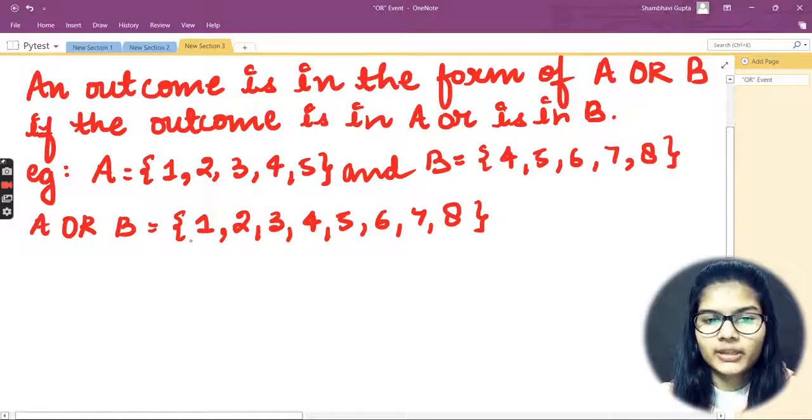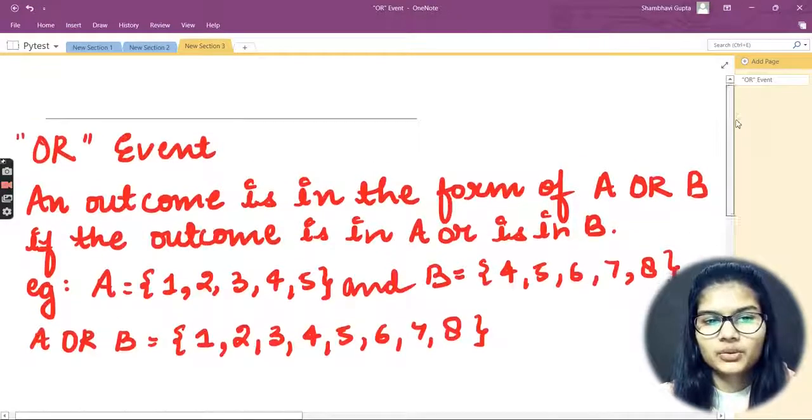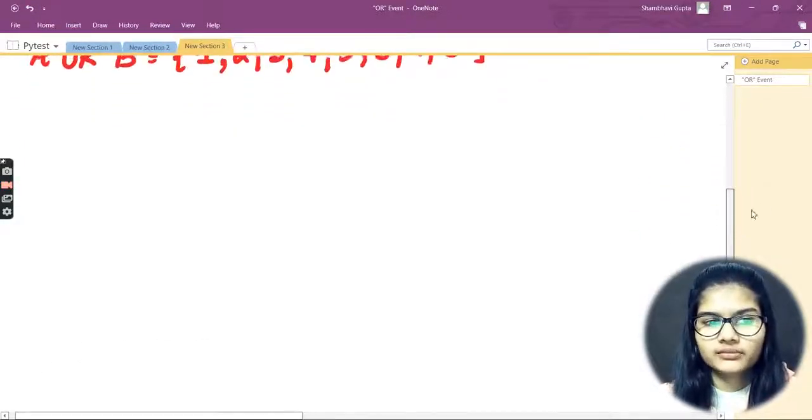If a number comes repeatedly, you write it only once, no matter if it comes 2 times, 3 times, 4 times, 5 times, whatever it is. So if you write an outcome in the form of A or B, the outcome is in A or is in B. I hope I am clear with this example of the OR event.